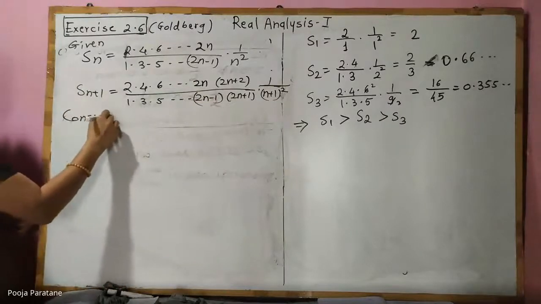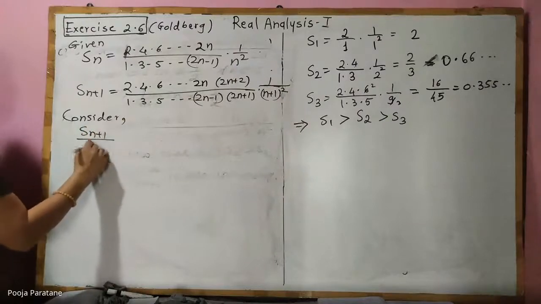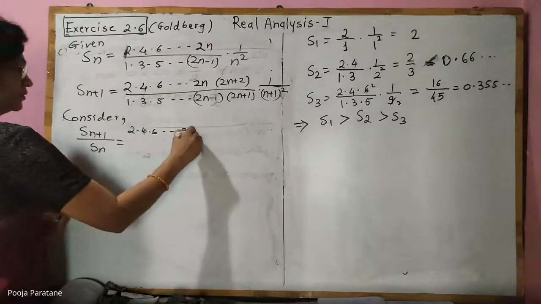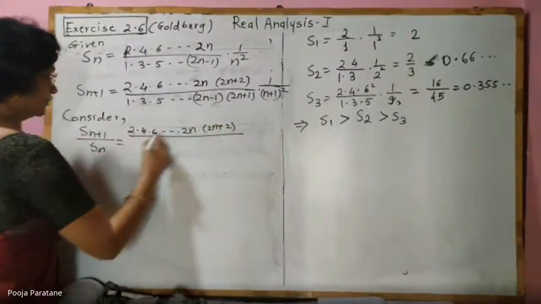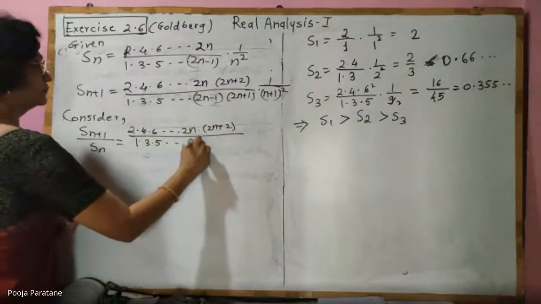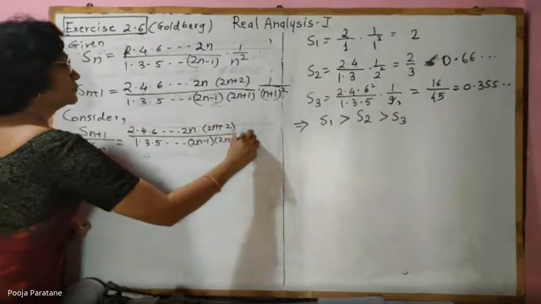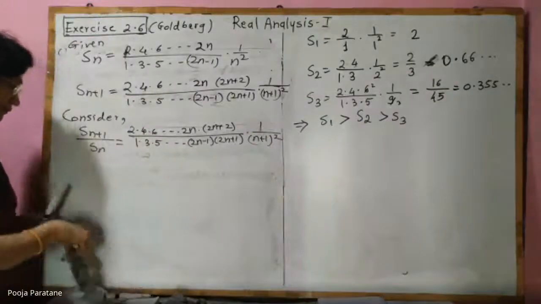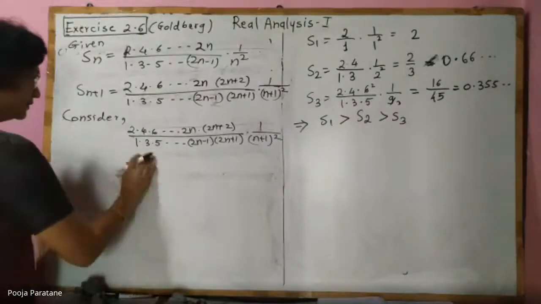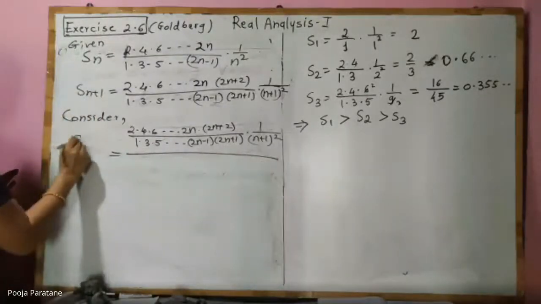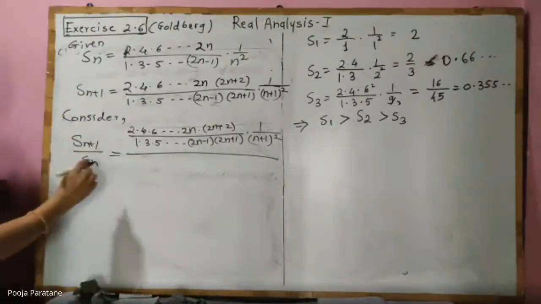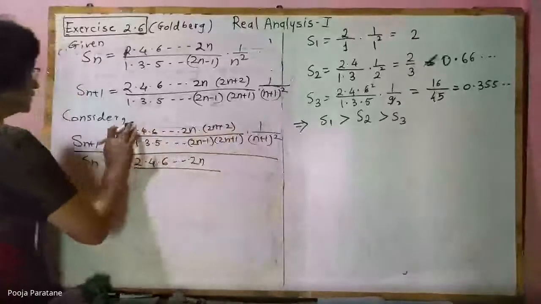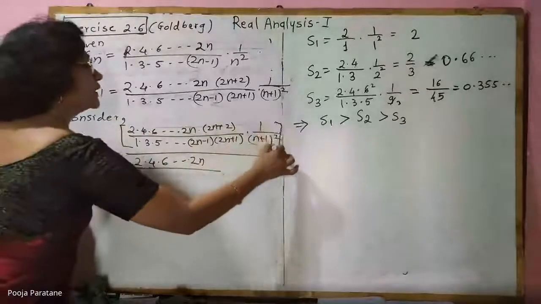So consider Sn plus 1 upon Sn. Let me put it in the square bracket so that we can identify it.